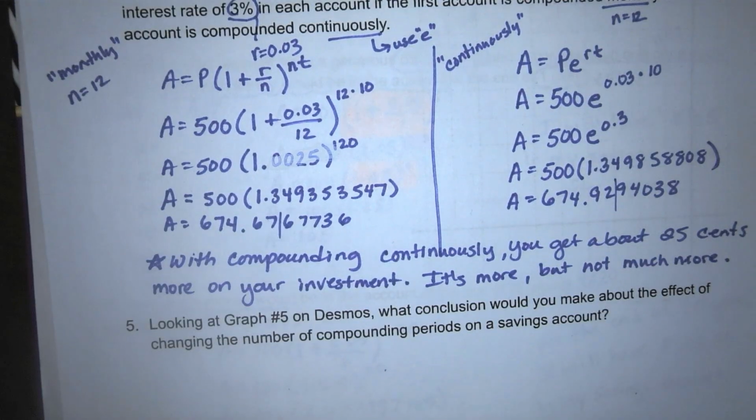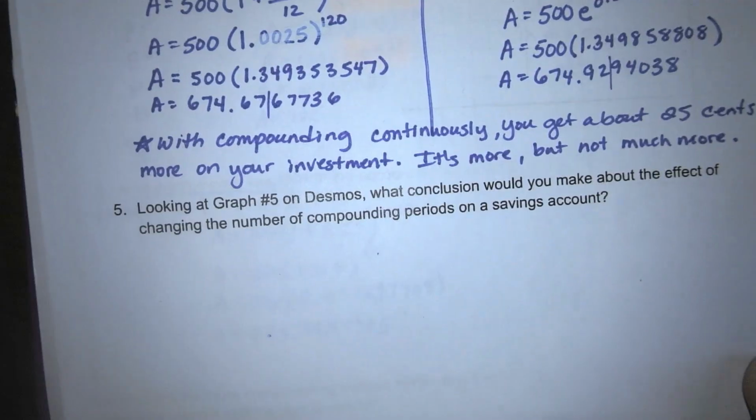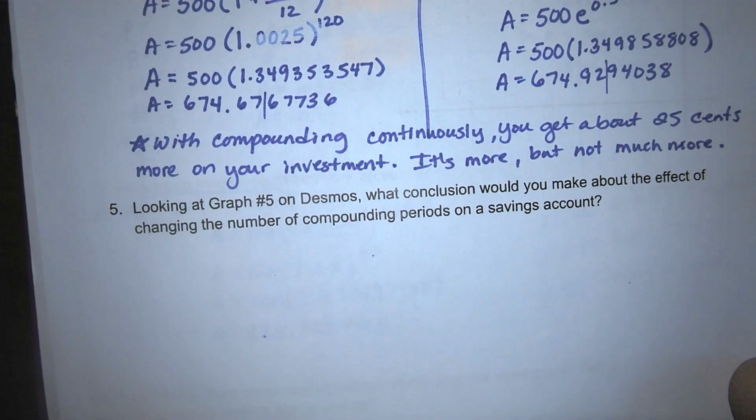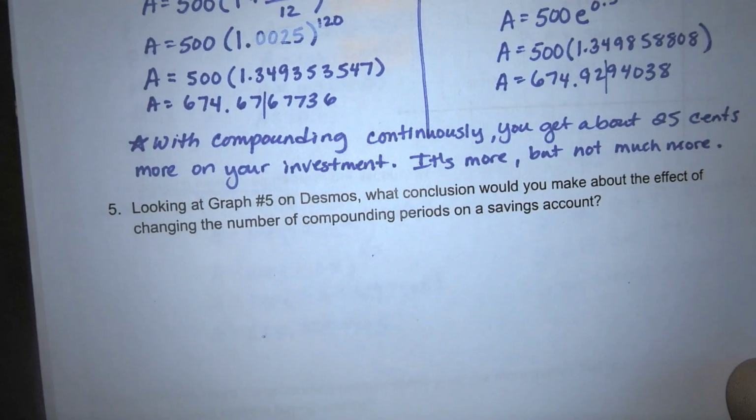So if we go back to our paper, what can we say here? The beginning of the graph, the investment looks to be about the same, but that continuous one is ever so slightly more money. Eventually we can see it. They get farther and farther apart, but they're still really, really close.